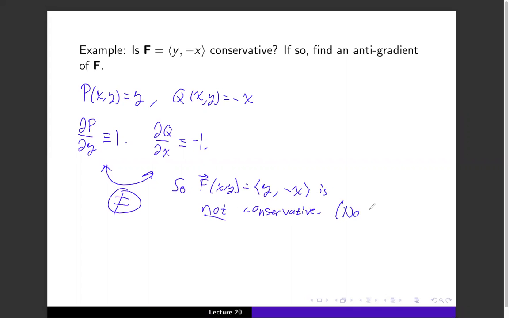Which is to say, just to reiterate the point, there is no anti-gradient. That's the bad news here.